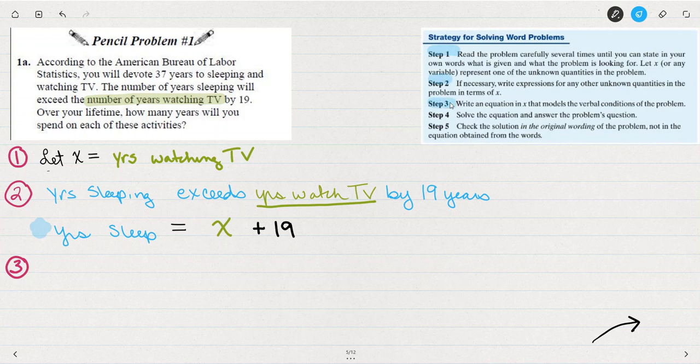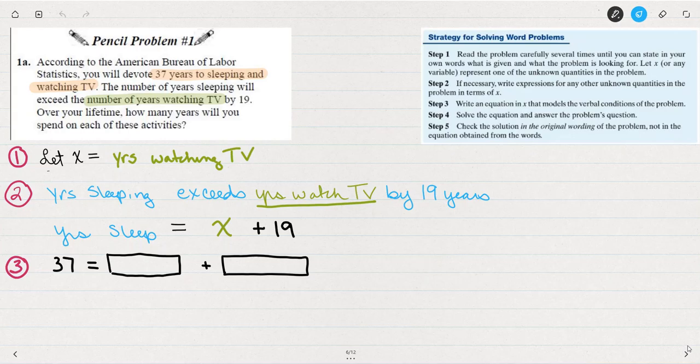Now we're ready to move to step 3, where we write an equation that models the information we're given. If we keep reading the problem a few times, you see that the total number of years for sleeping and watching TV is 37.